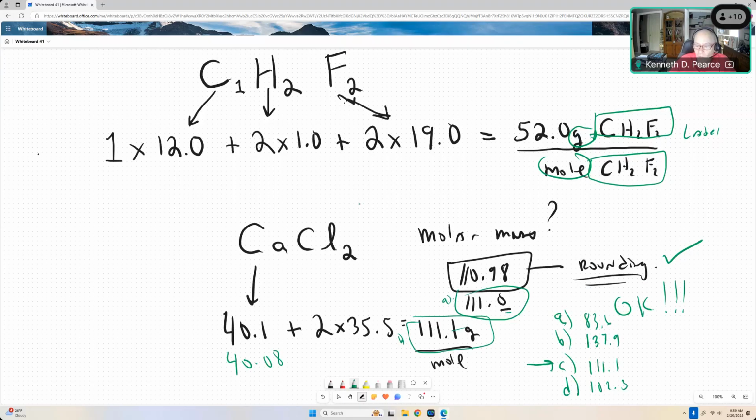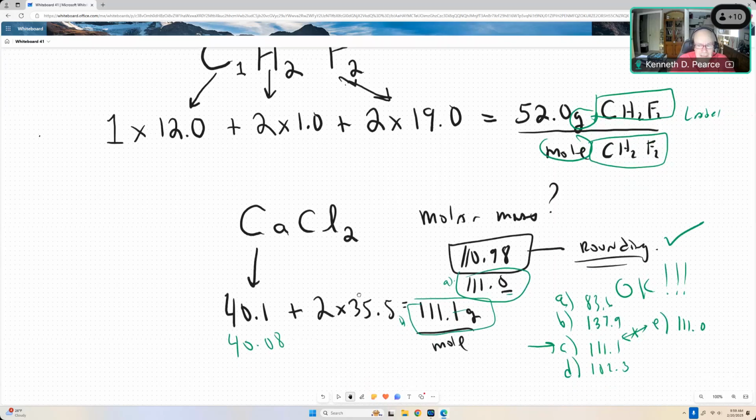So answer E would not be 111.0. You'd never have them that close on any test or quiz. So if you go out an extra decimal point, that's okay. You'll get 110.98 rounds to 111.0. If you go out 1 decimal place, you'll get 111.1. It just depends. Okay, let's do one more and then we're going to move on. I hope that makes you feel better, just in case you were wondering. Was anybody wondering about that? I bet you were.